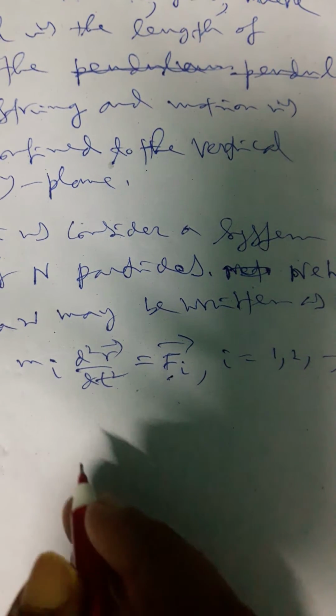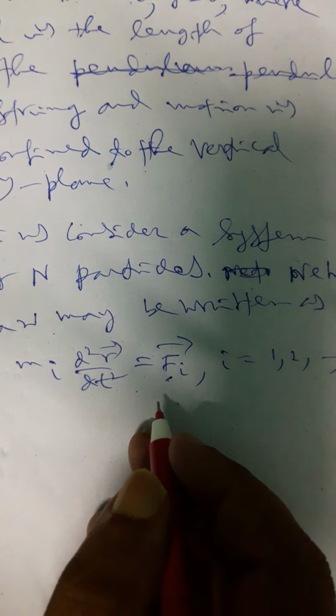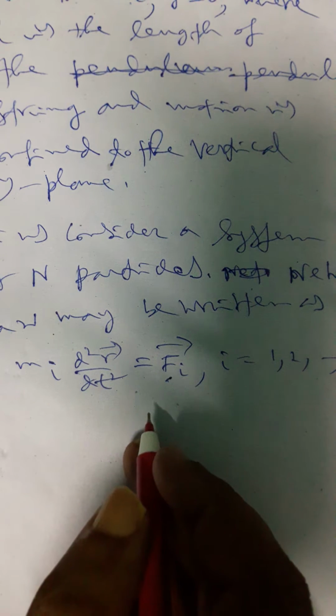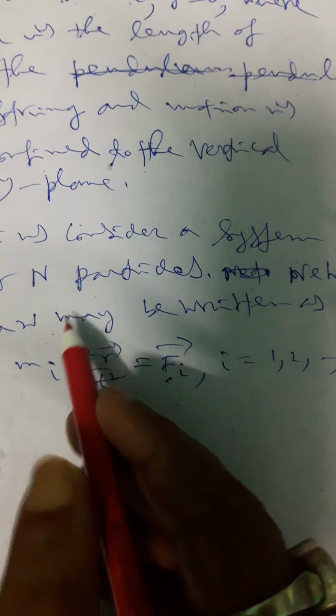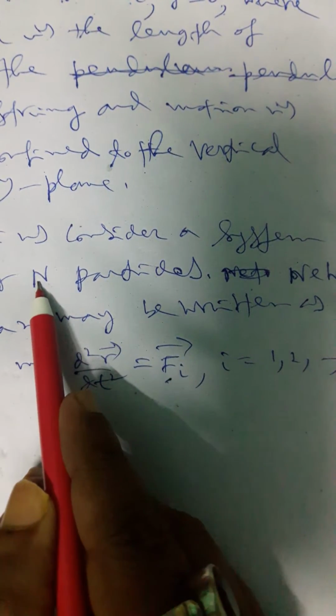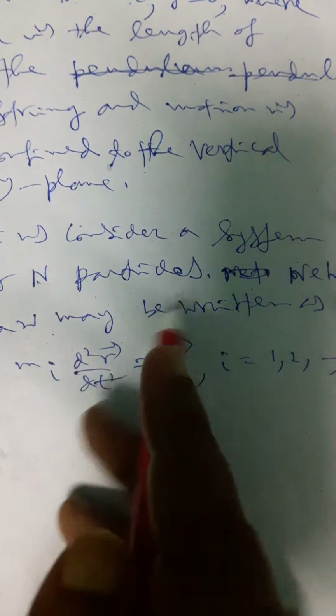Since each particle may be specified by 3 coordinates, we are considering a three-coordinate system here, meaning the motion is in space. Then we have in hand 3n coordinates, and these are restricted by the equations of constraints. Constraints mean restrictions.